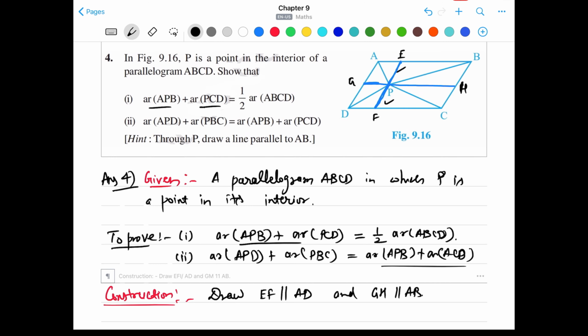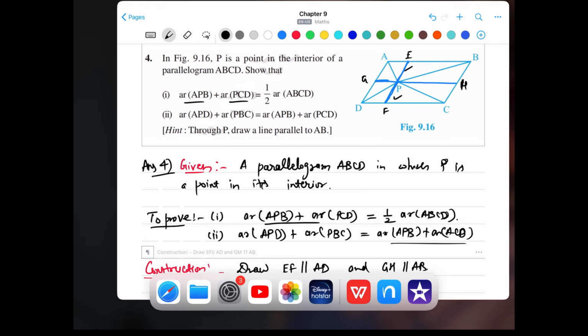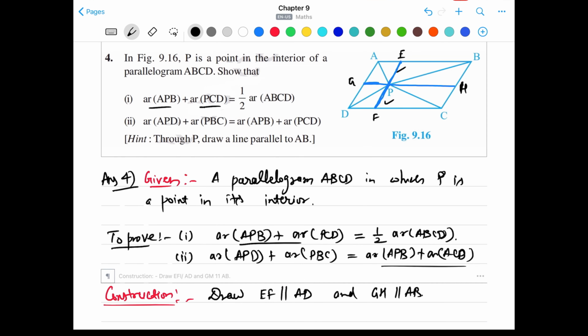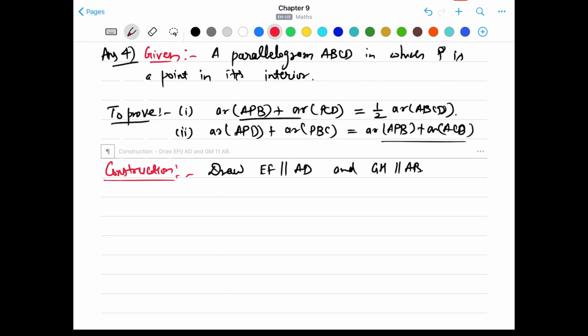Okay, what we have done is a construction. We have drawn this EF which is parallel to AD and GH is parallel to AB. So let's start its proof now.